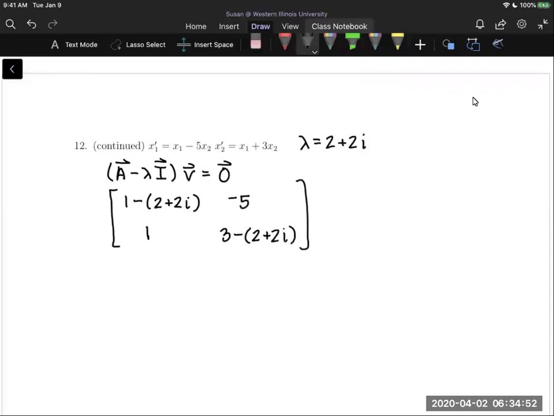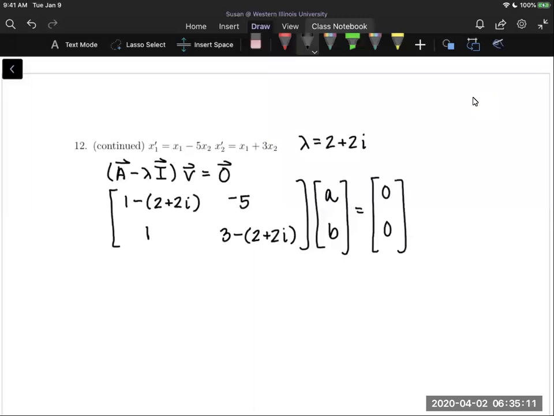And then I want to multiply this by some arbitrary vector v. So I generally write it as a and b. You could write it as v1, v2, however you want to express your vector. And then this is always, always, always going to equal 0, 0.